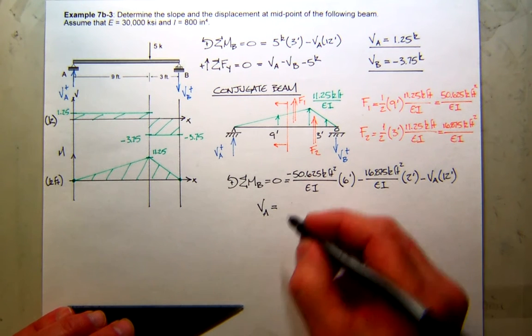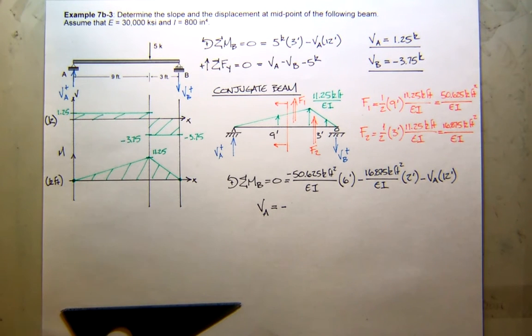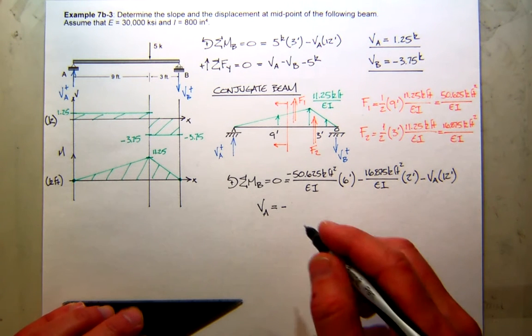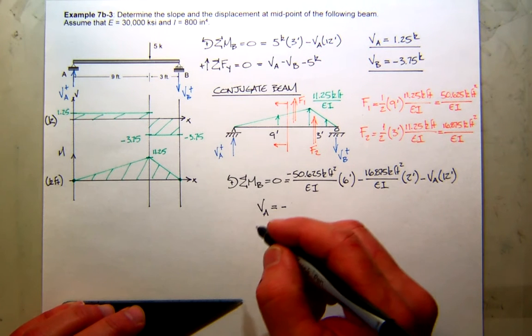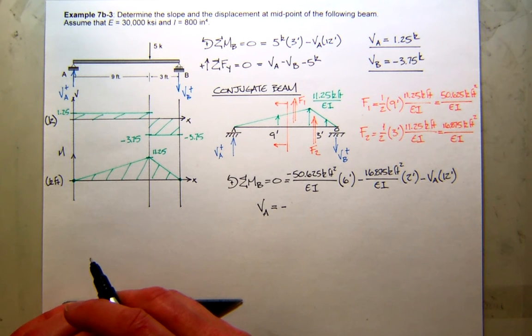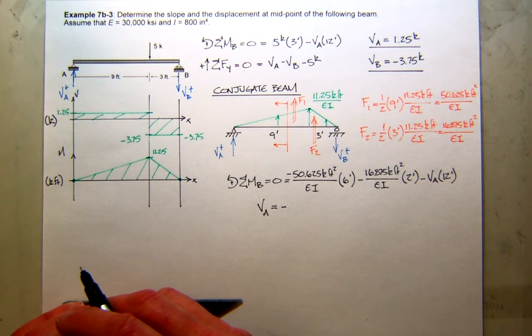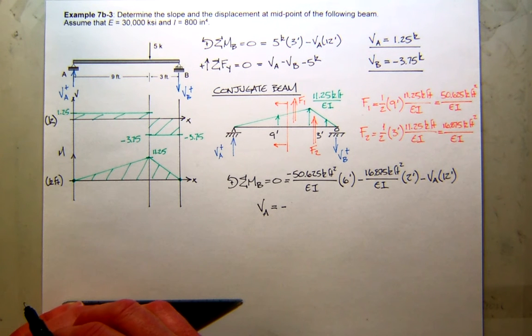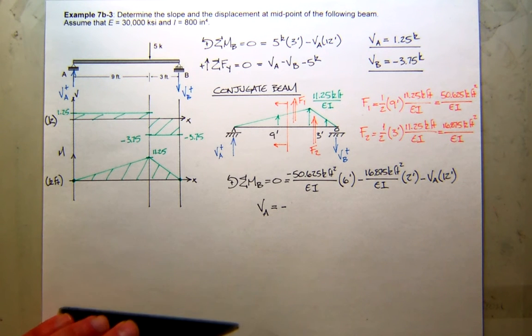It looks like it's going to be negative. I'll let you guys figure that out. 34.5? Anybody else get 34.5? No? Anybody? Bueller? What? 34.5? 28.125.